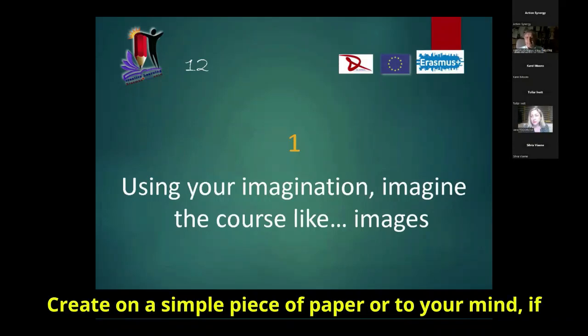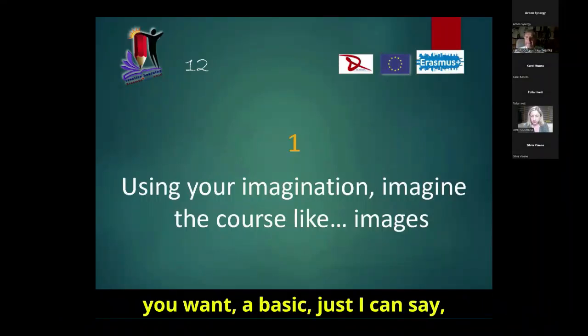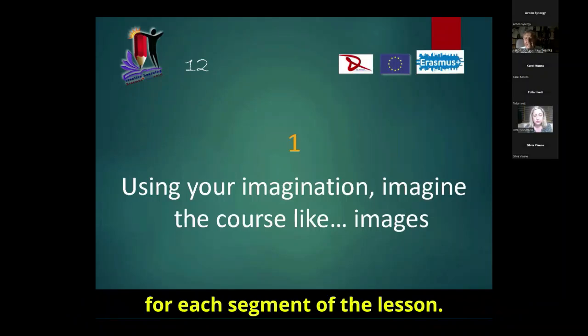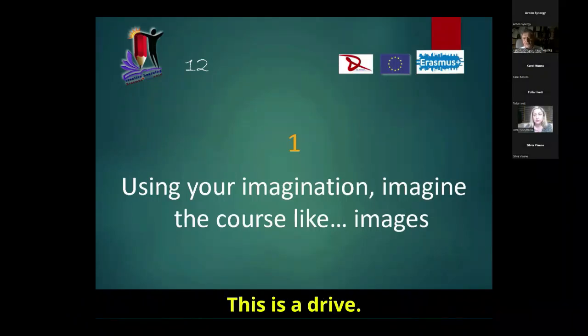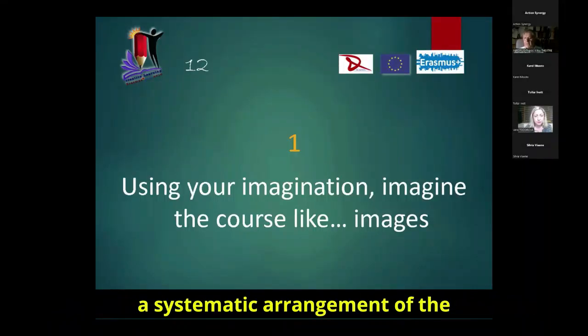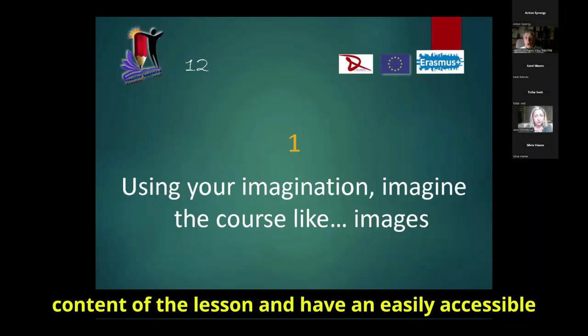Create on a simple piece of paper, or in your mind if you want, a basic storyboard by illustrating a visual representation for each segment of the lesson. By using this approach, you will be able to maintain a systematic arrangement of the content of the lesson and have an easily accessible guide.